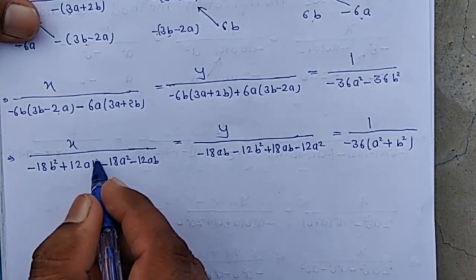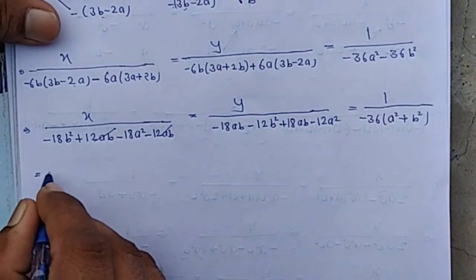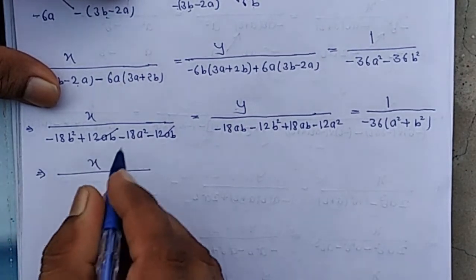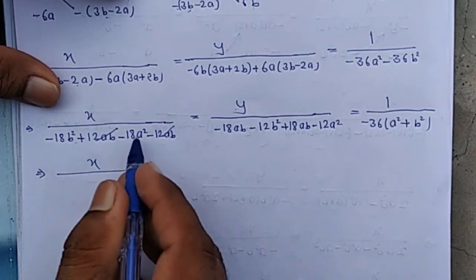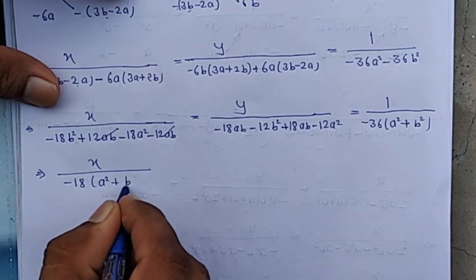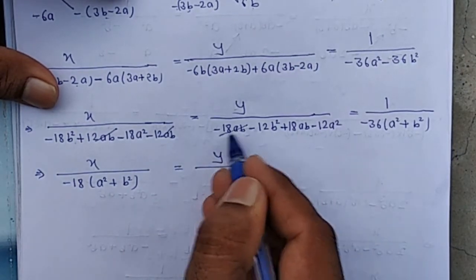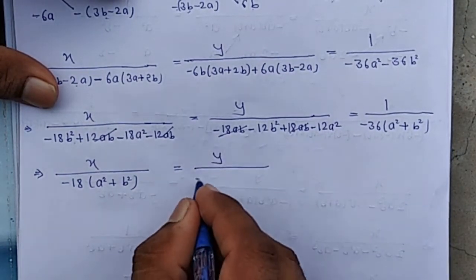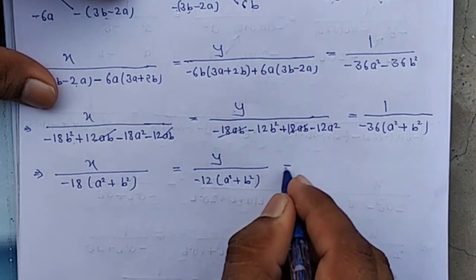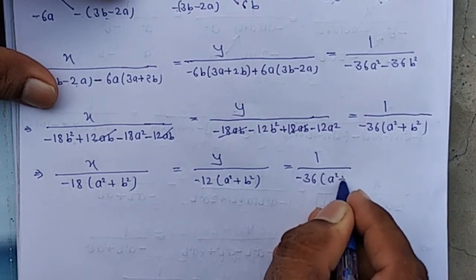Now 12ab cancel out. We have x by minus 18b square minus 18a square, minus 18 common, a square plus b square. y by minus 18ab cancel out, minus 12 common, a square plus b square. 1 by minus 36 a square plus b square.